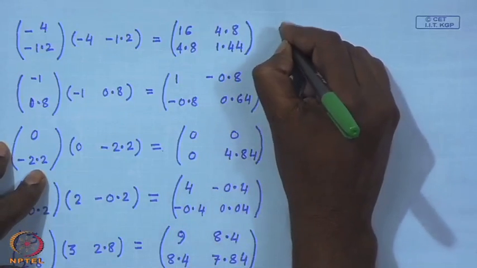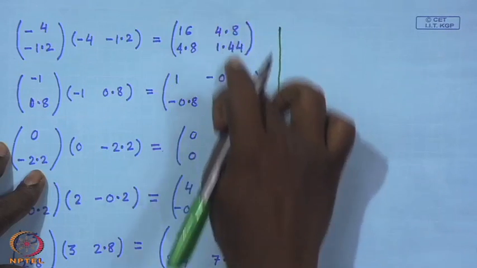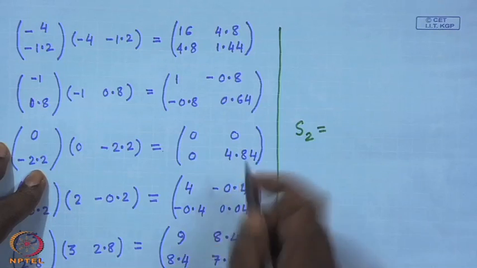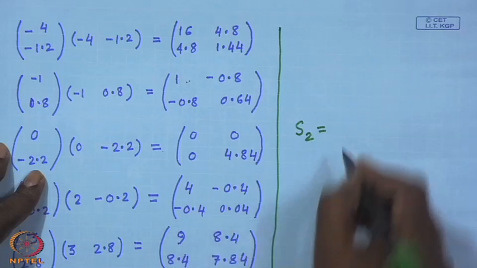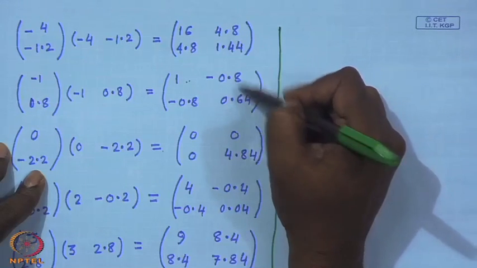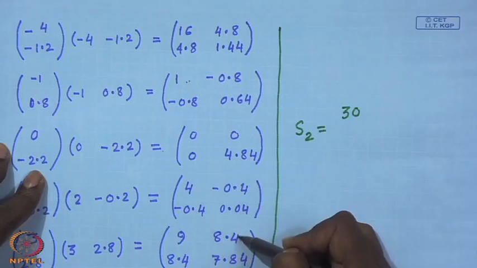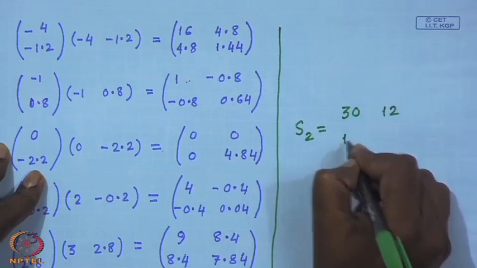Now, the sum of all these 5 matrices will give me the scatter S2. Over here it will be 16 plus 1 is 17, 17 plus 2 is 21, plus 9 is 30. The second component is 4.8 minus 0.8 minus 0.4 plus 8.4, so this will be 12, and similarly here it will be 12.